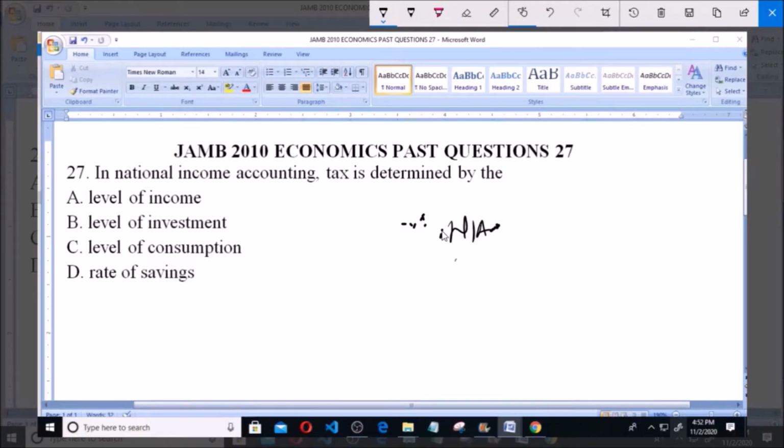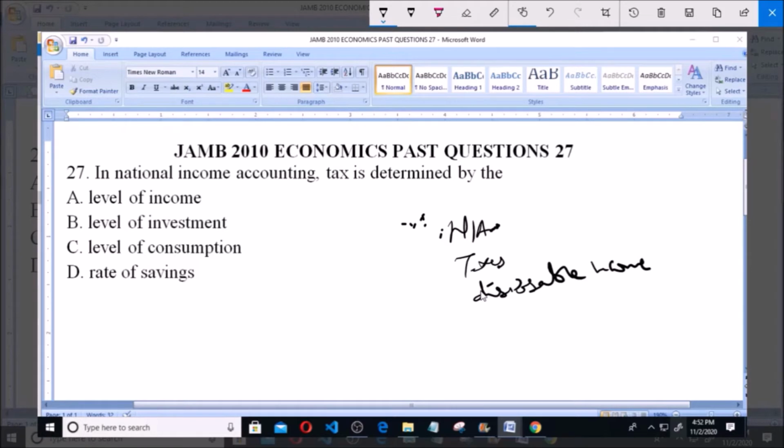So when taxes are deducted from an individual's personal income, what is left is disposable income, which can be spent or saved by the individual or household.